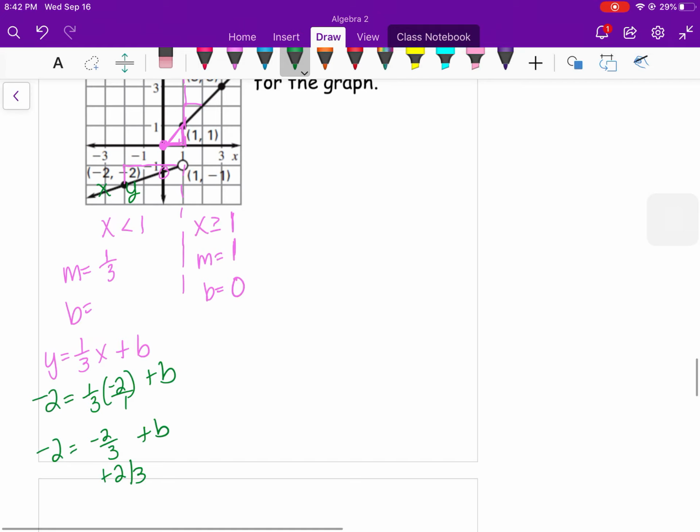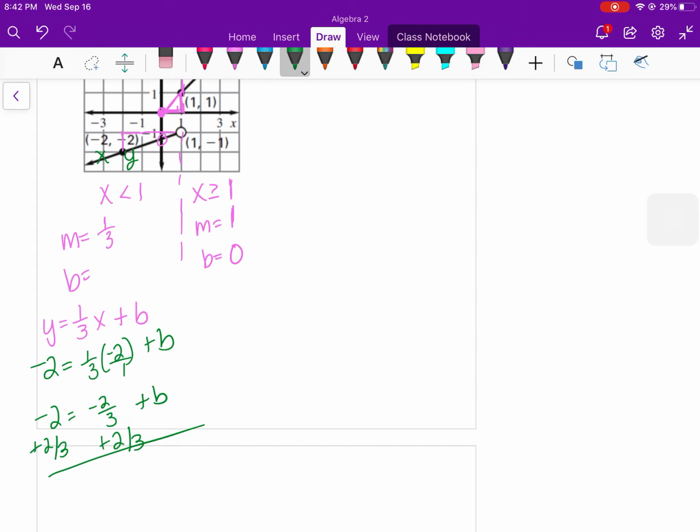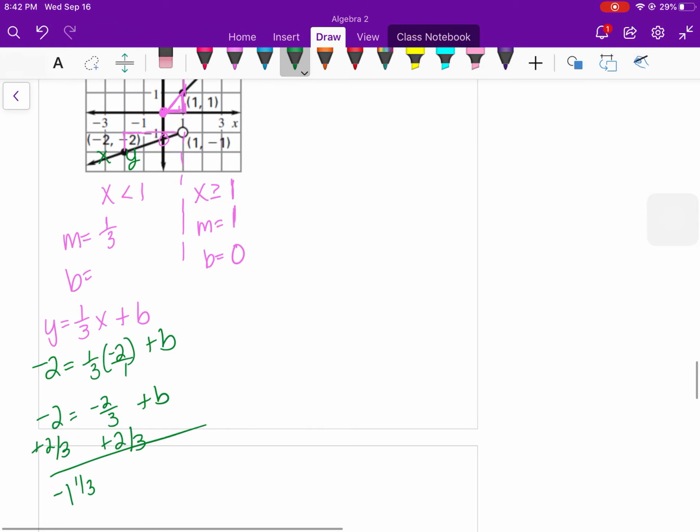Adding 2/3, since it's negative, so add to both sides. -2 plus 2/3 would be... sorry, that's not right. -2 is -6/3, plus 2/3 would be -4/3. So that's what we get for b there.